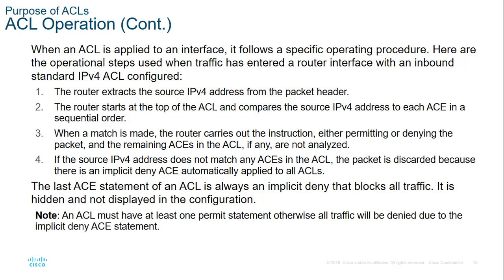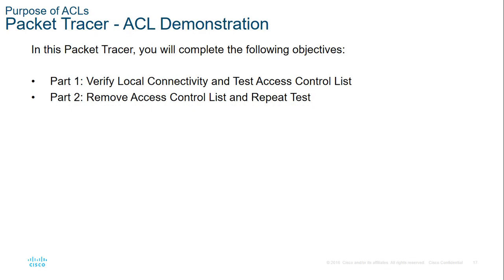So now I want to run you through a demonstration in Packet Tracer where we're going to show you how the access control list would actually work. It's just a demo, and I'll post a demo up on the site for us to look at as well.